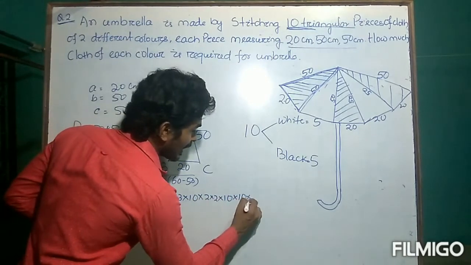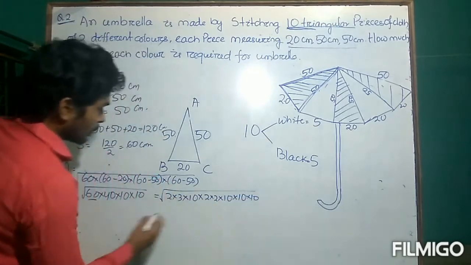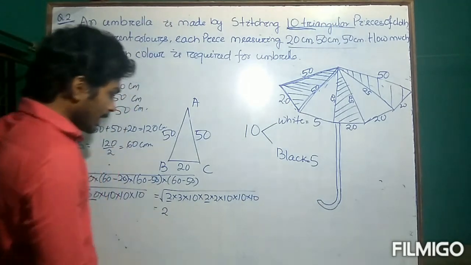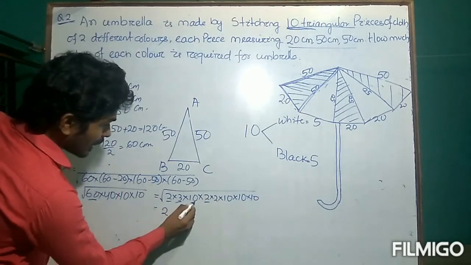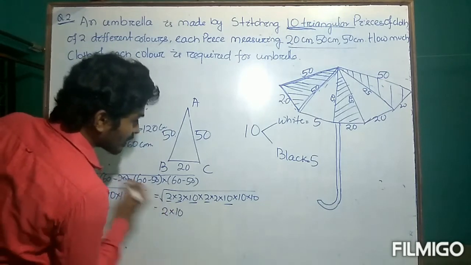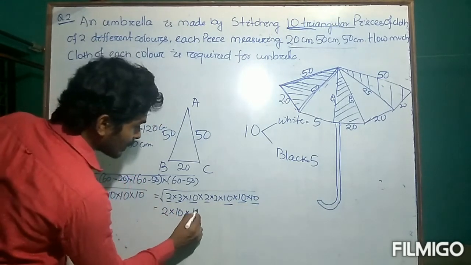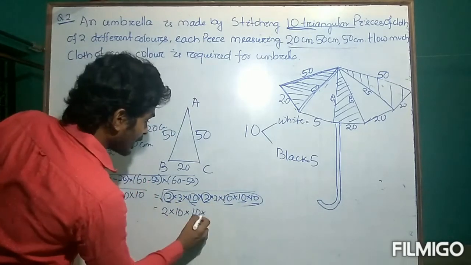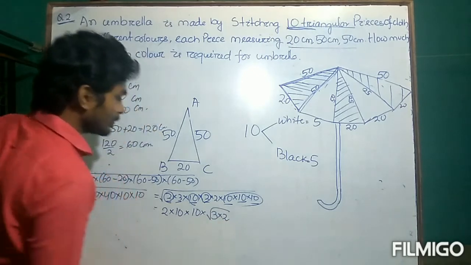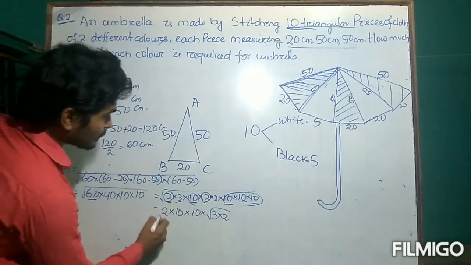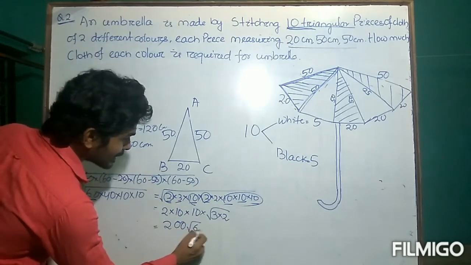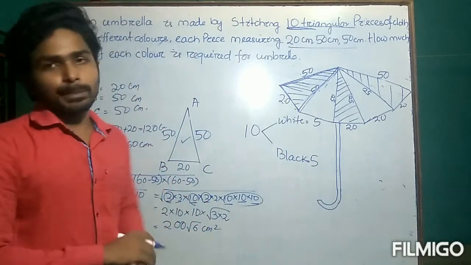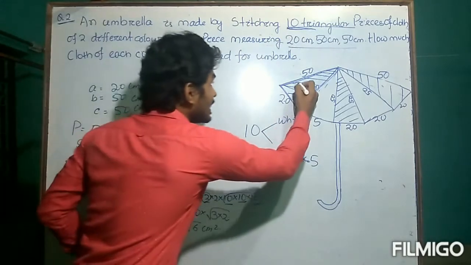Now there is 10 and 10. So 2, 2 pairs give one 2, and 10, 10 pairs give one 10, again 10, 10 gives one 10. So you can write 10 into 10 into square root of 3 into 2. So the answer is 100 root 6 centimeter square. So this is the area of a single triangular piece.